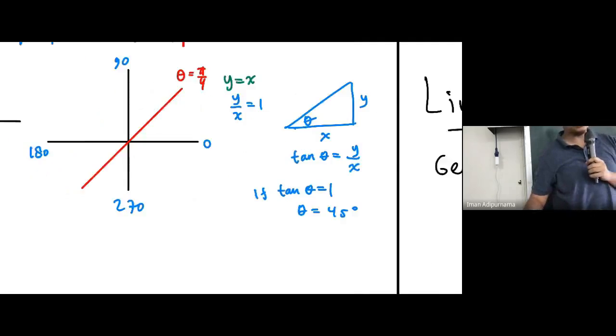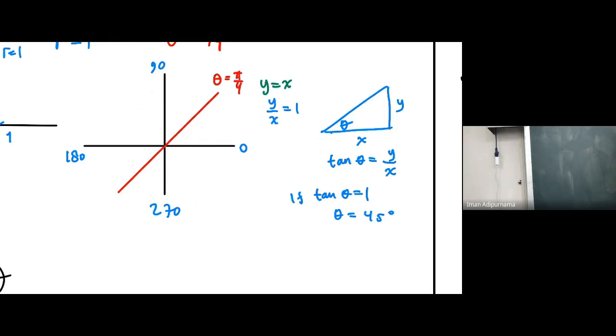And that's why in polar curves, when theta is pi over 4, it's exactly the same as y over x in the xy axis. This is just to make a relation between the xy axis and the polar curves. Again, in the polar curves, this is not x, this is not y, this is the angle.